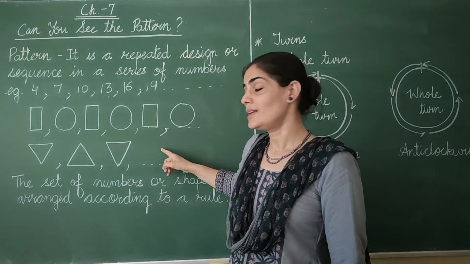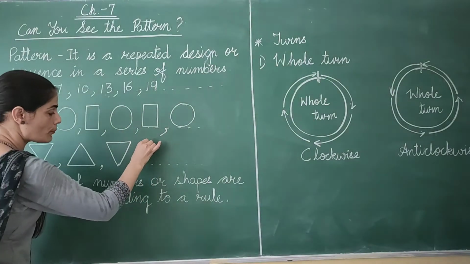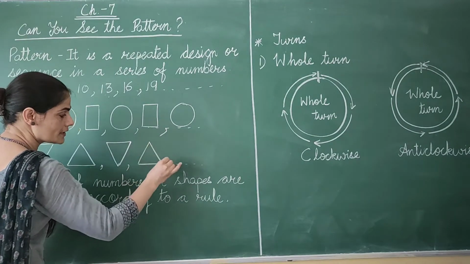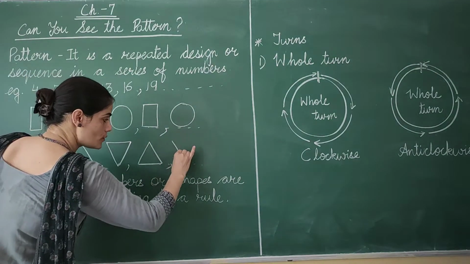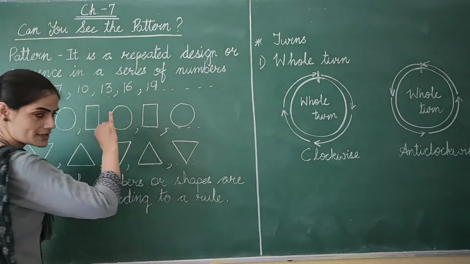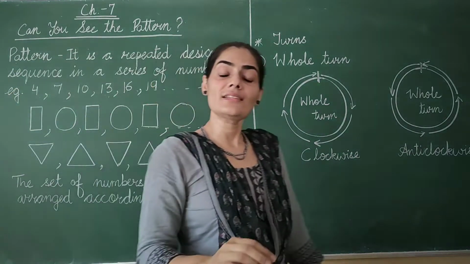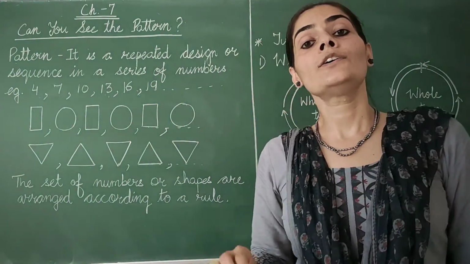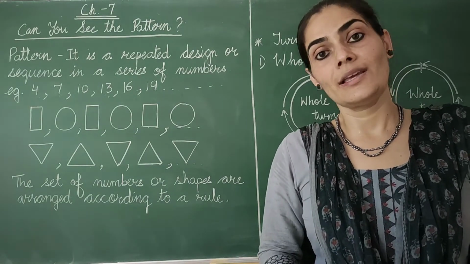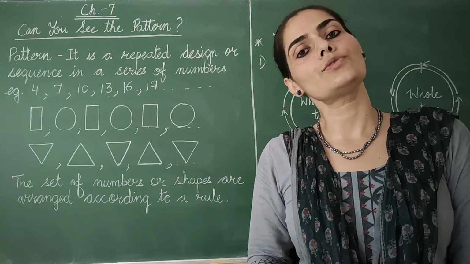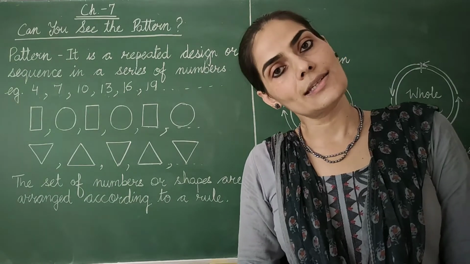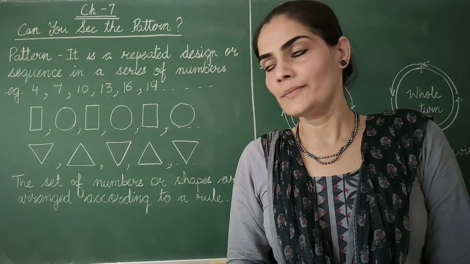In the next one, it will point upwards. In the next case, it will point downwards. So, beta, this is how we find the rules of these patterns. And then we are easily able to find out the next terms. Okay?